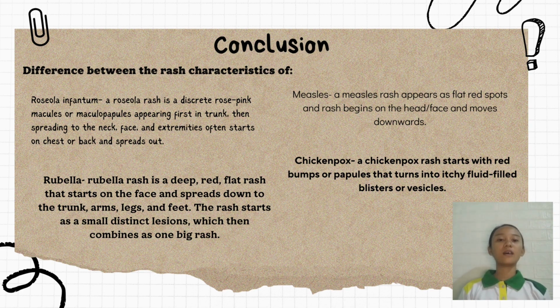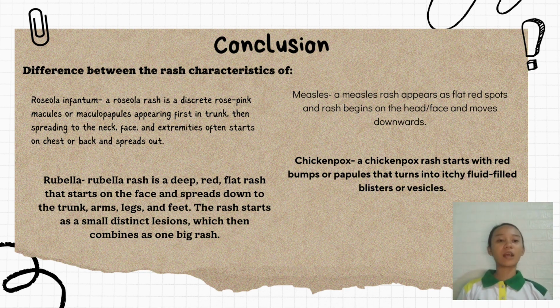Next, we have the rash characteristics of rubella. Rubella rash is a deep red, flat rash that starts on the face and spreads down to the trunk, arms, legs, and feet. The rash starts as small distinct lesions, which then combine as one big rash. Next, we have measles.